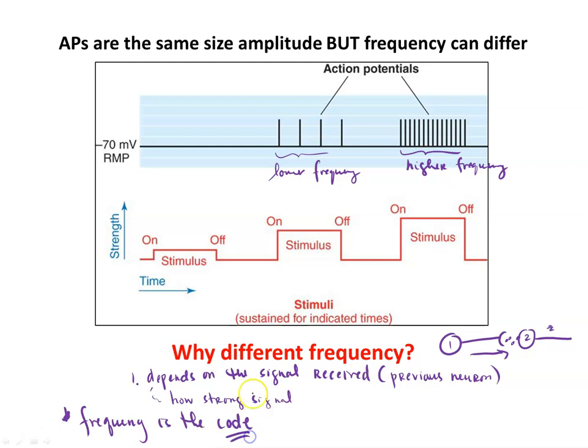This word code, because we're talking about the brain. The code that the nervous system uses to determine strength of signaling.